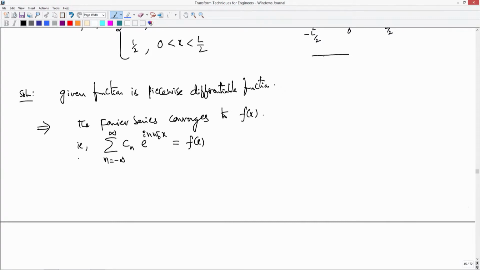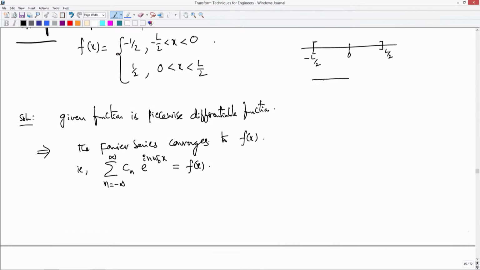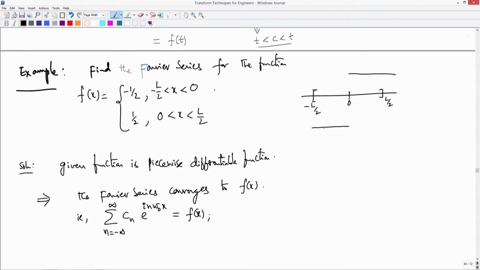So, what does it mean? That means this is equal to f of x for every x wherever f is continuous. So, where is f continuous? From minus L by 2 to 0, it is continuous. So, when x belongs to minus L by 2 including the point, here it is not.